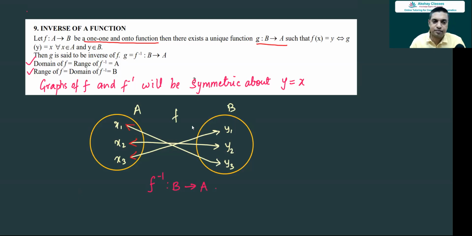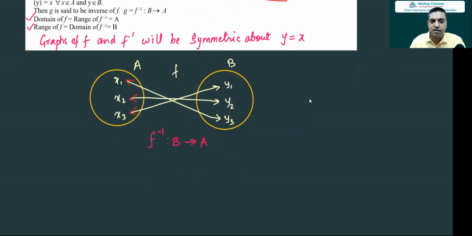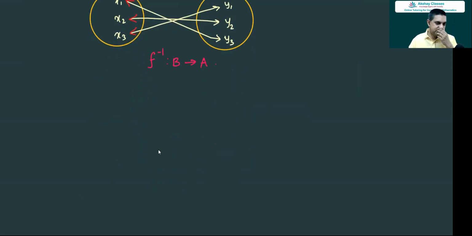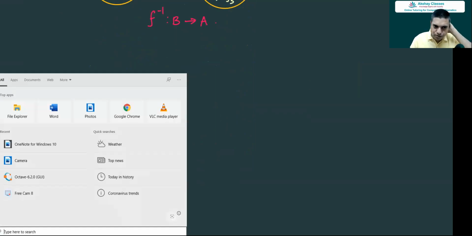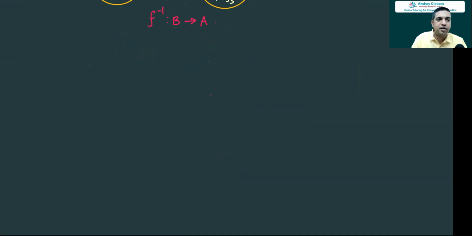Why so? We can always see that. I will show this. Let me try. y is equal to x cube. y is equal to cube root of x.